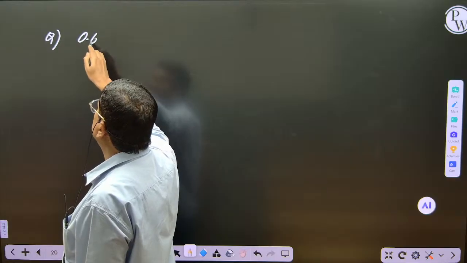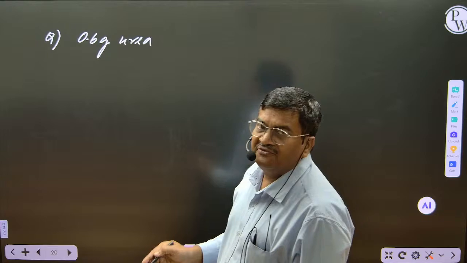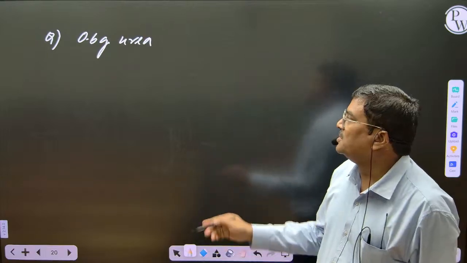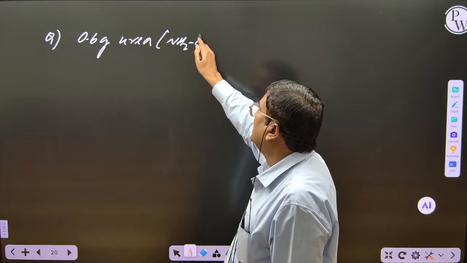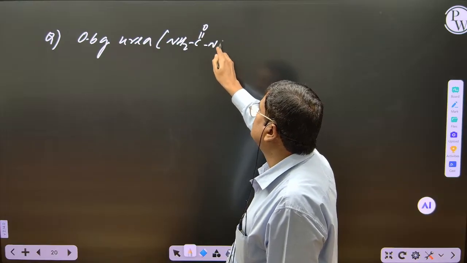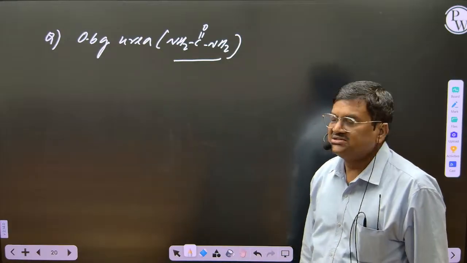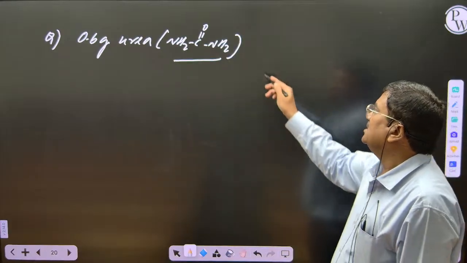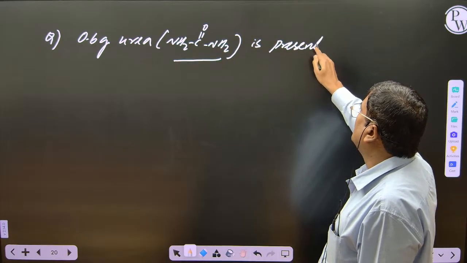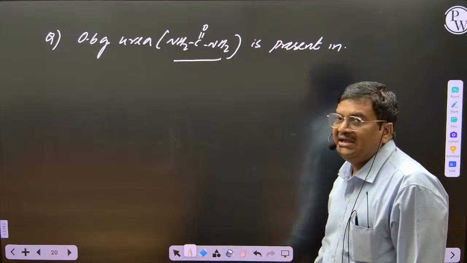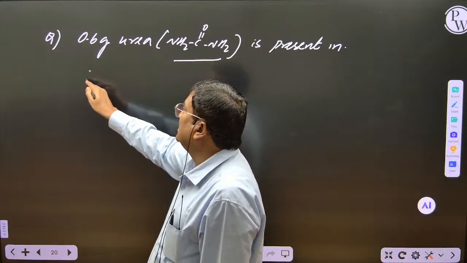0.6 grams of urea. You know the formula of urea. Urea is an organic compound, its formula, you remember, students, you learned in first year: NH2CONH2. It's an organic compound farmers use as fertilizer. This urea is present in 18 grams of water.